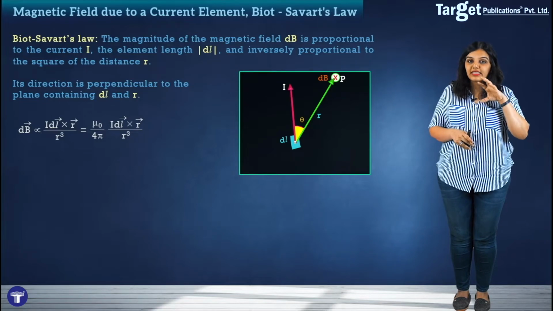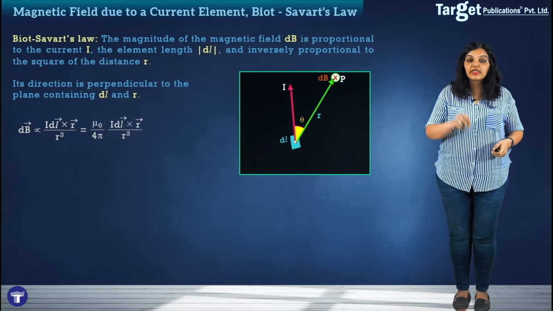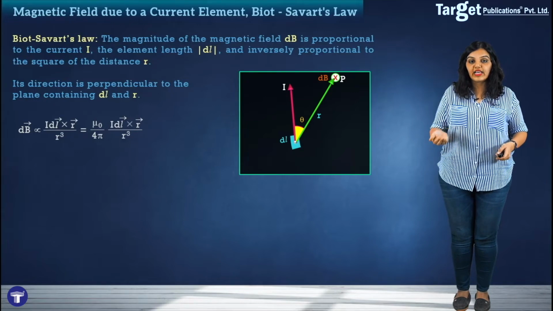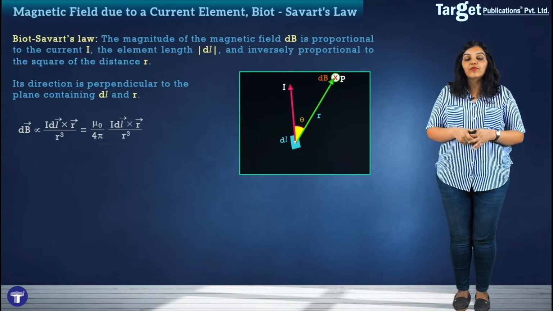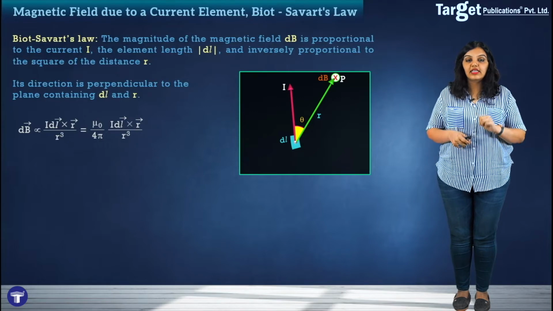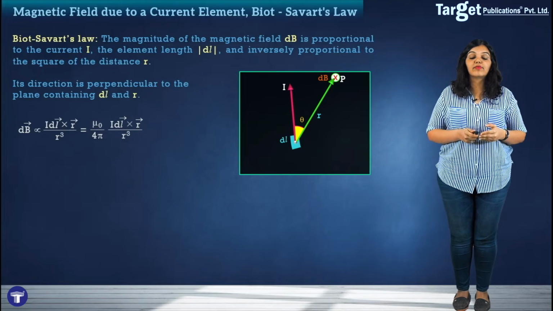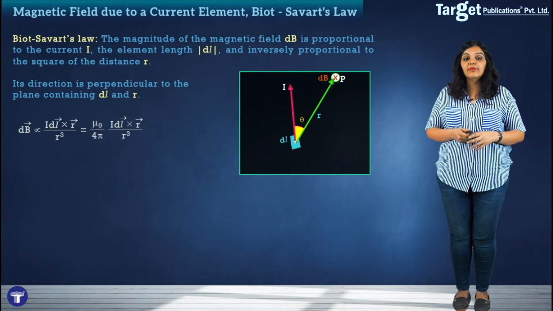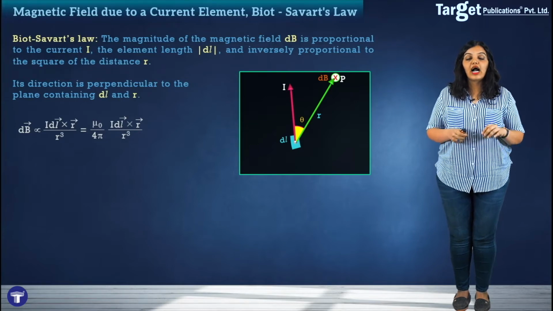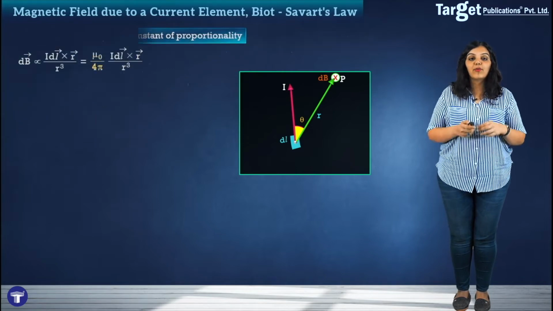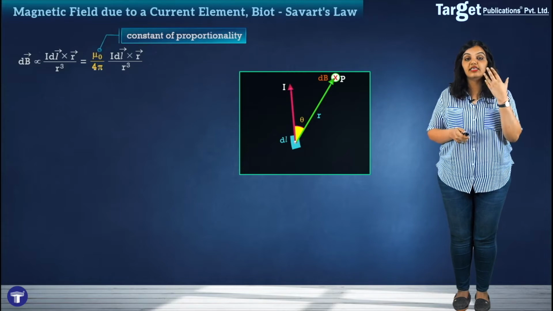So we can see that the magnetic field due to a current element is perpendicular to the plane containing the current element and the position vector, that is r. So we see that dB is perpendicular to dl and r, and from this law we can write down by putting in the constant of proportionality, that is, I see that dB bar is equal to mu naught upon 4 pi I dl cross r divided by r cube, where mu naught upon 4 pi is the constant of proportionality in the SI system.